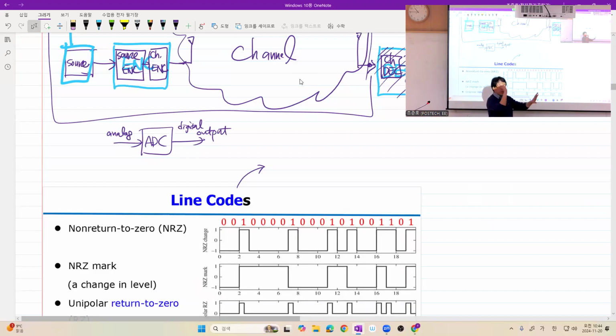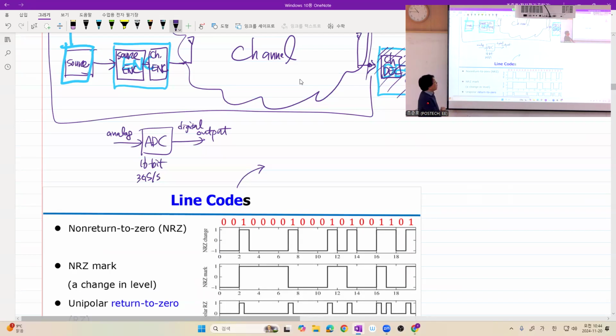What does that mean by digital output? An ADC usually has samplers, right? Uniform samplers, usually. I'm not saying always. So at each sample, you assign several bits. Suppose you have a 16-bit resolution, 3 giga-sample per second ADC.